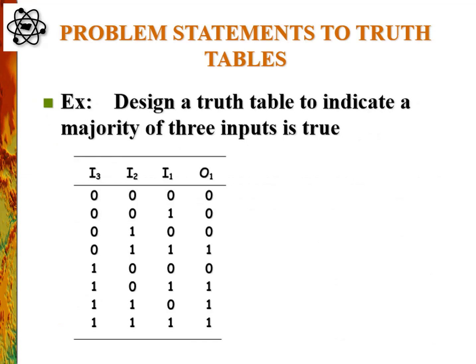So here is an exercise problem which says to design a truth table to indicate a majority of 3 inputs is true. The 3 inputs are represented as I3, I2, I1. True implies that it is equivalent to binary 1.